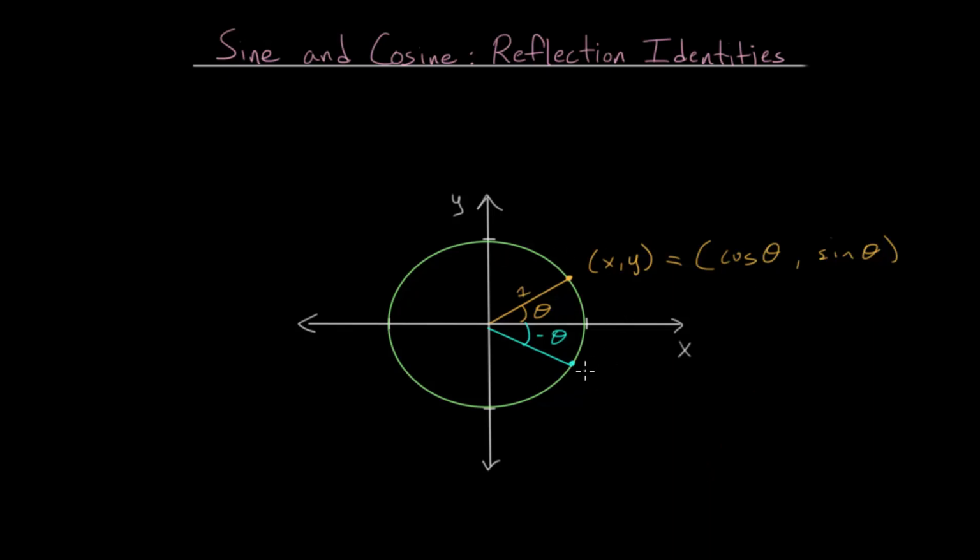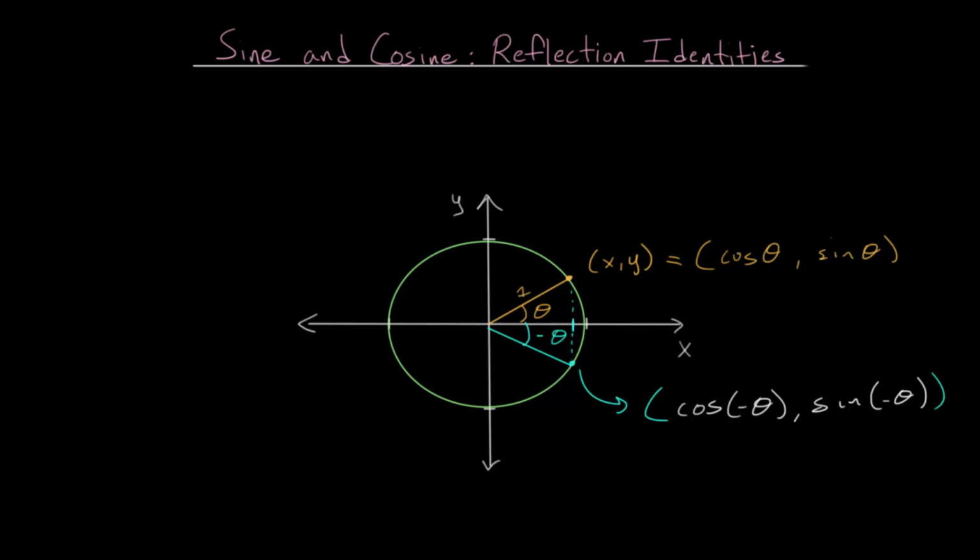And at this point right here, notice that the x value, which is the cosine, is the same for both theta and negative theta. So we can say that the cosine of negative theta would be the x value here, and the sine of negative theta would be the y value here. And like I mentioned, the x values are the same for both of these.